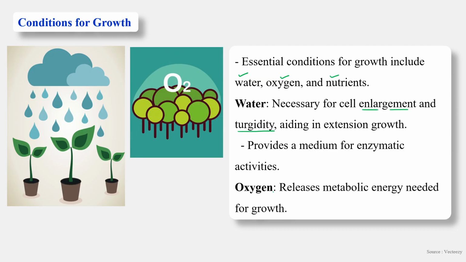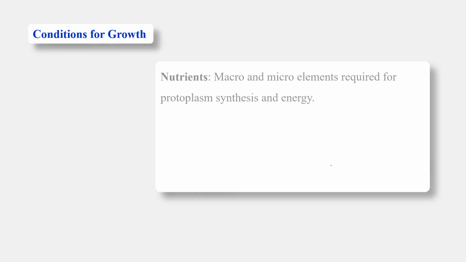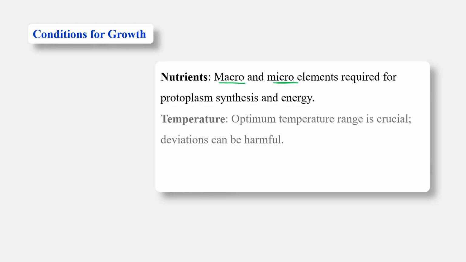Oxygen releases the metabolic energy needed for growth. So what are those essential conditions? Number 1, water, number 2, oxygen, and number 3, nutrients. Both macronutrients and micronutrients are required for protoplasm synthesis and as a source of energy.